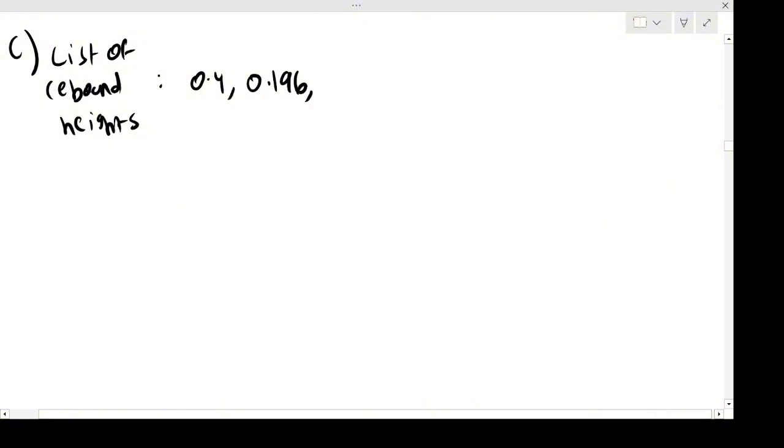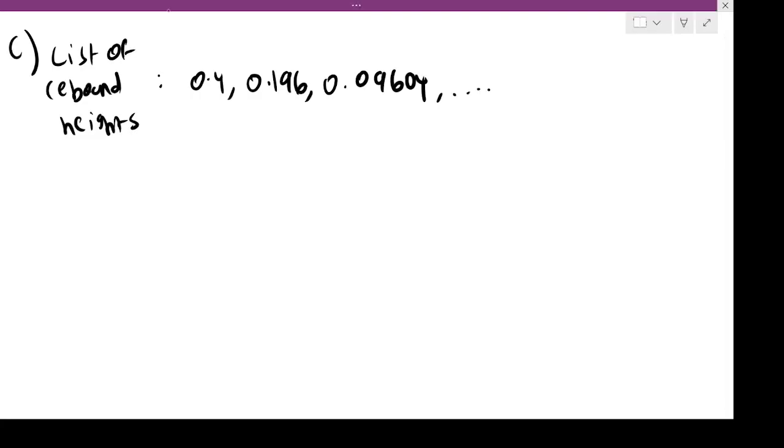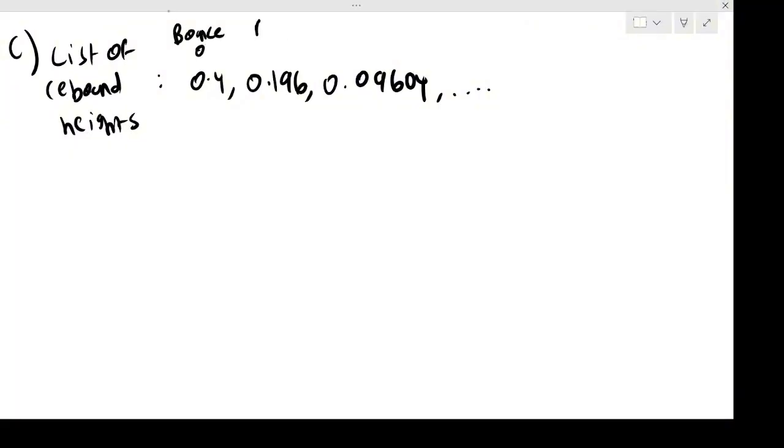Then after the second bounce, it went to 0.09604, and it will continue on. Obviously you can see the heights decrease after each bounce. I should label this bounce 0, then this is bounce 1, and this is bounce 2. Hopefully you're happy with what I've done here. So I've listed the heights after each bounce, the height the ball goes up to.